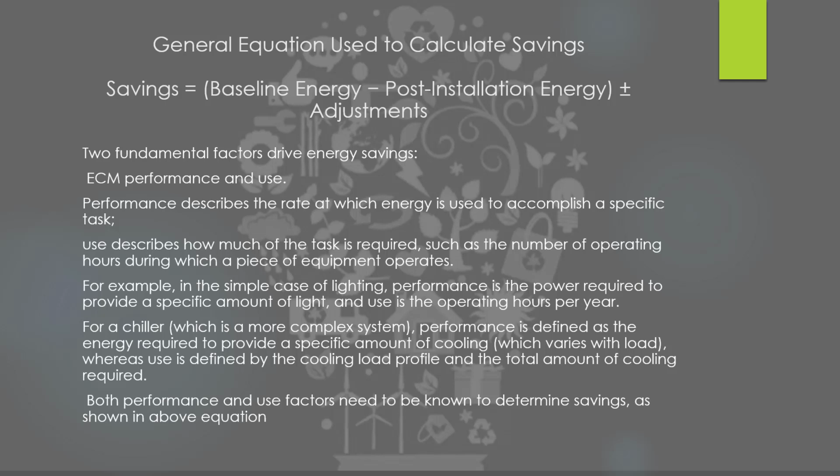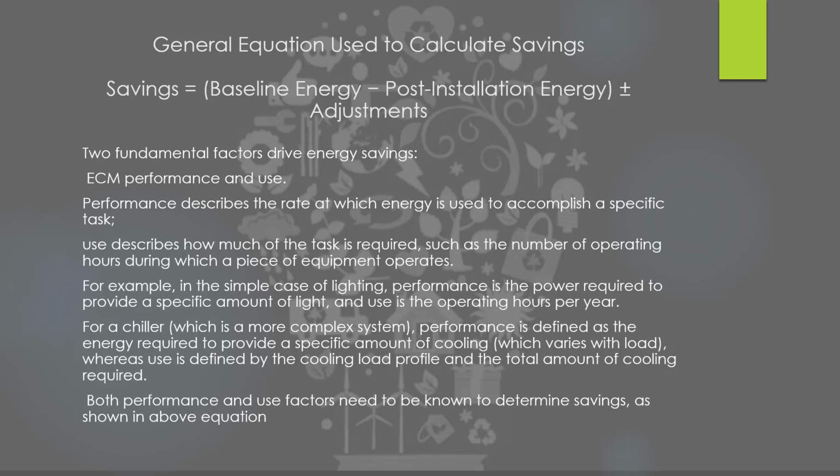Use describes how much of the task is required, such as the number of operating hours during which a piece of equipment operates. For example, in the simple case of lighting, performance is the power required to provide a specific amount of light, and use is the operating hours per year.